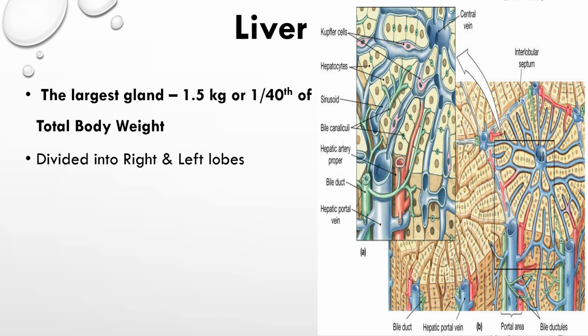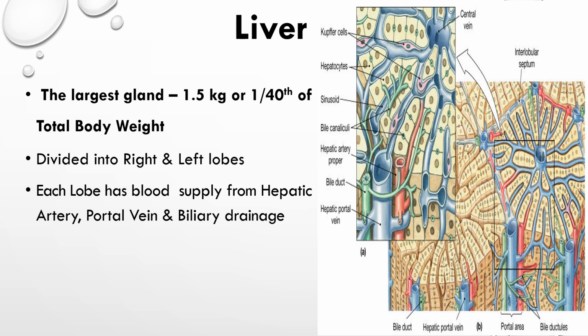So the left lobe is smaller, and each of these lobes has blood supply from the hepatic artery and portal vein and their own venous system, and also there is a biliary drainage.